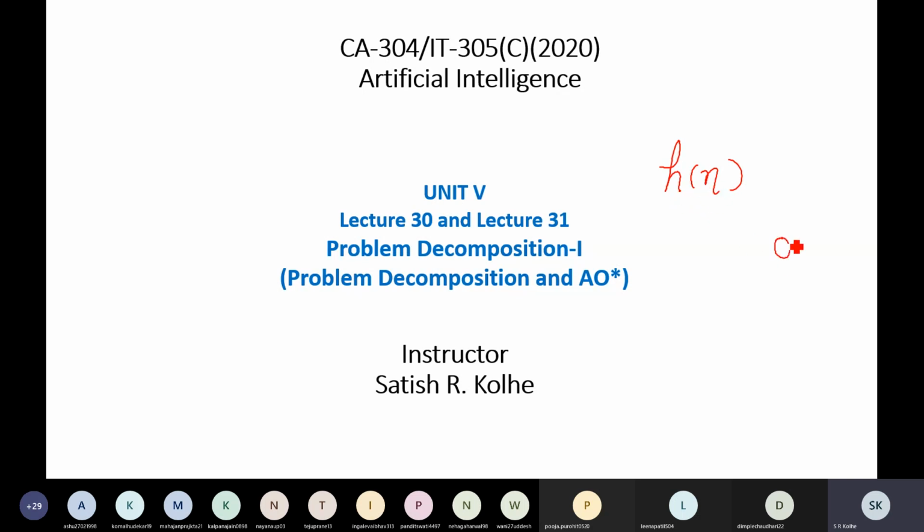For example, if S is the starting node and there are three successor nodes A, B and C, we apply H of A, that means the heuristic function H applied at node A. Suppose this value is 7, so we assign the value 7 to node A. That tells us that to reach the goal from node A, the cost, or effort required, is 7.